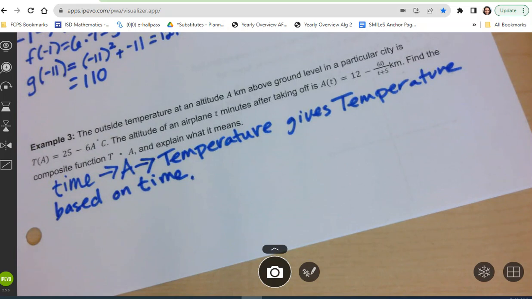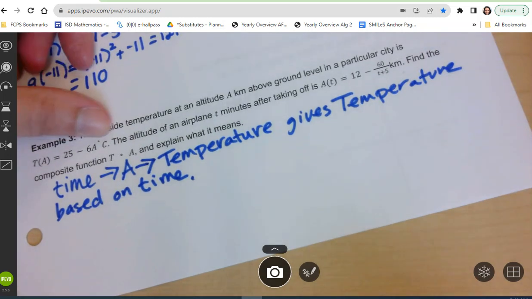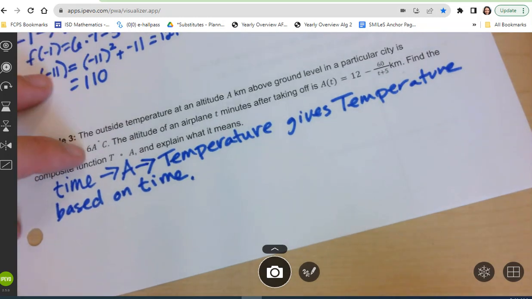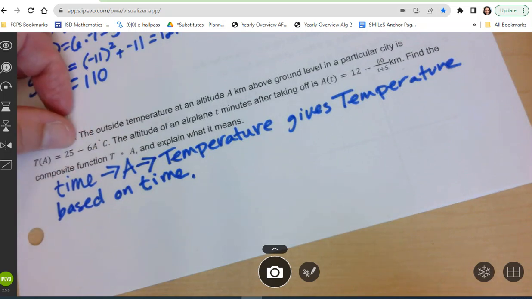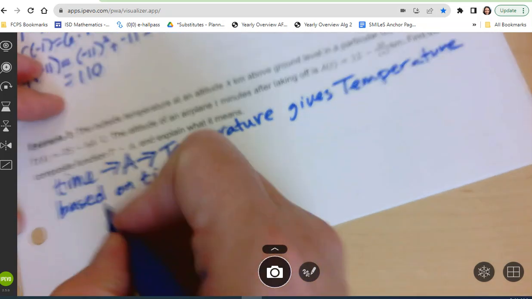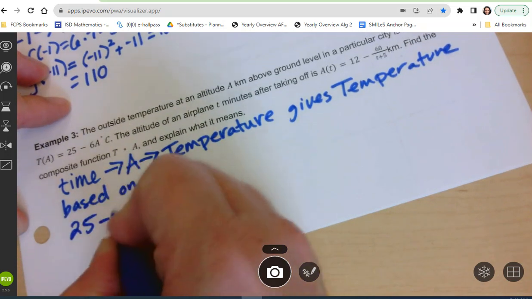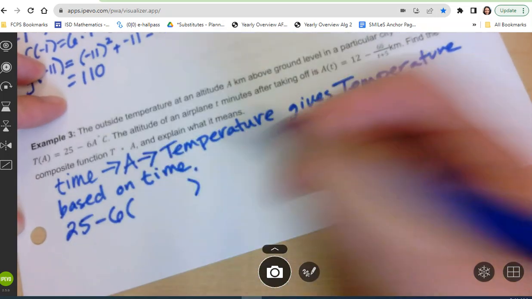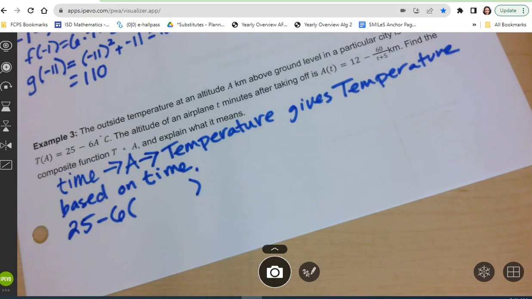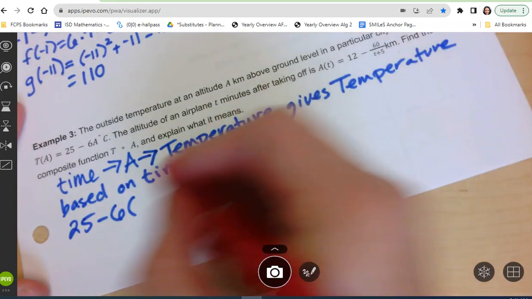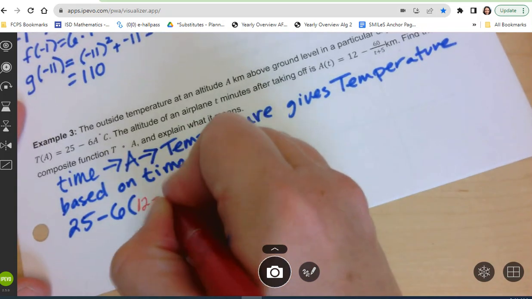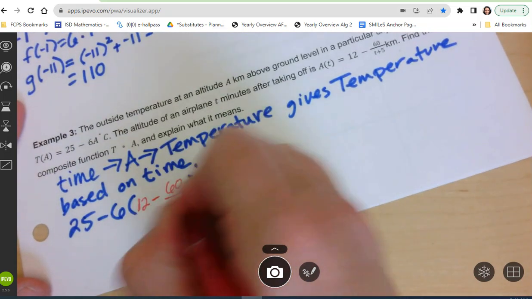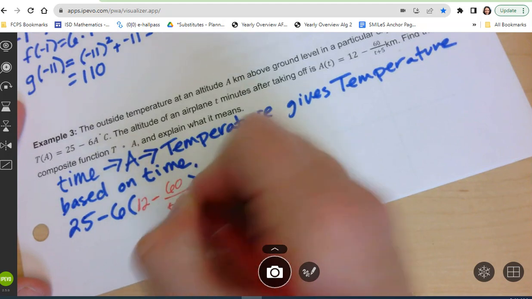All right, so let's do the composite function. Your outside function is t, so I'm going to write this function with parentheses instead of the a. Remember that degree C is a unit. That's not a variable there. Okay, so it's just 25 minus 6a. So it would be 25 minus 6, and then put the parentheses there instead of the a. And then for a, you're going to put in 12 minus 60 over t plus 5.